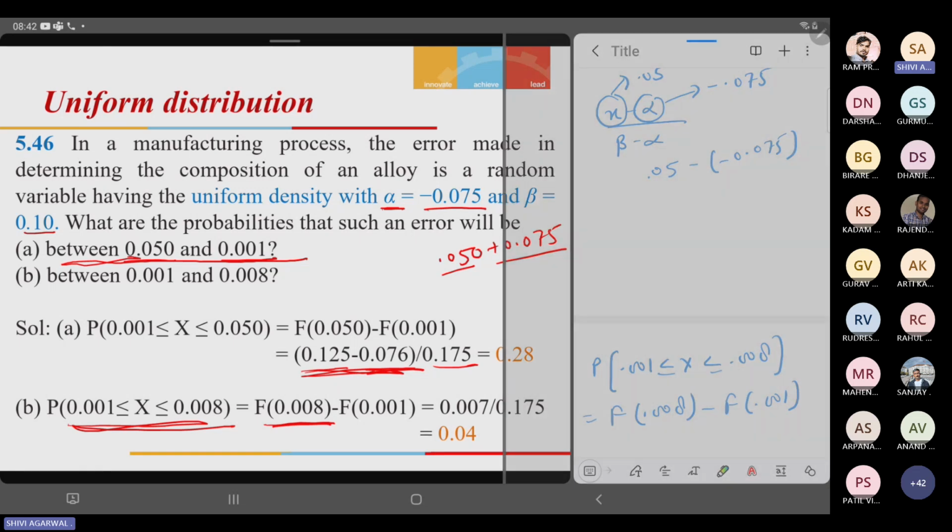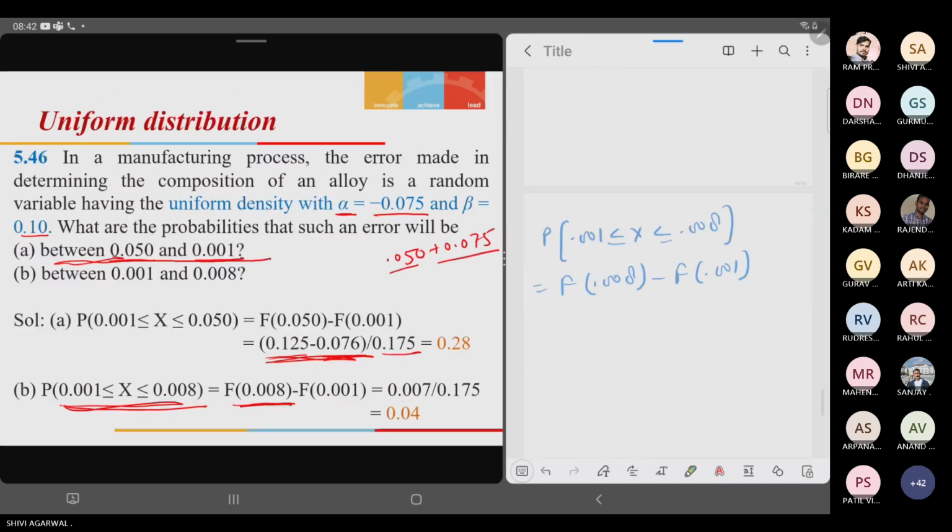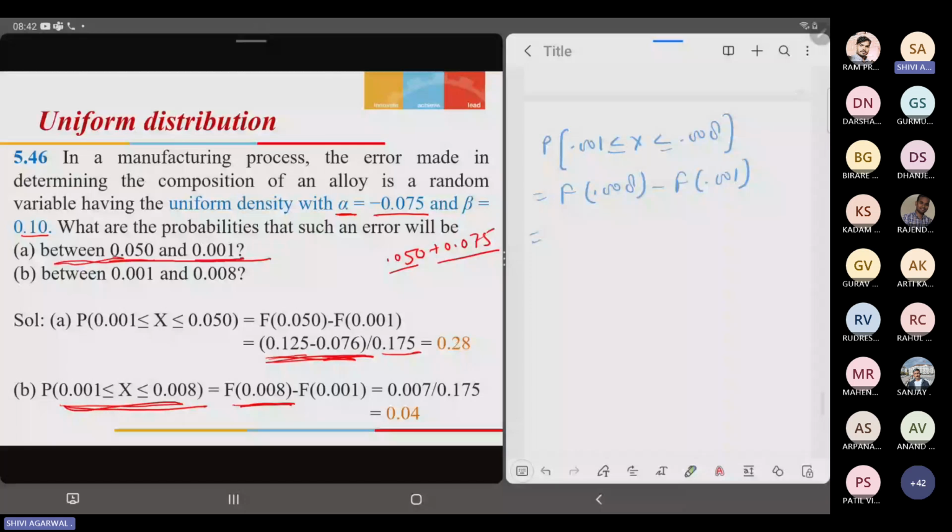Now we are using the same formula: 0.008 minus of minus 0.075 upon 0.175, minus 0.001 minus of minus 0.075. Correct? Now you got the formula.